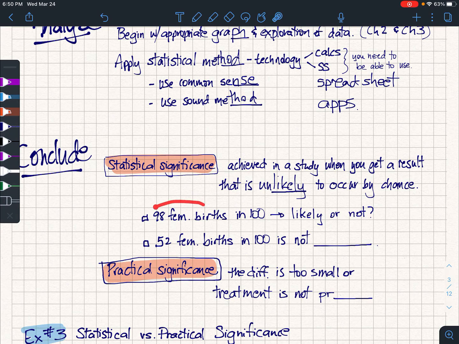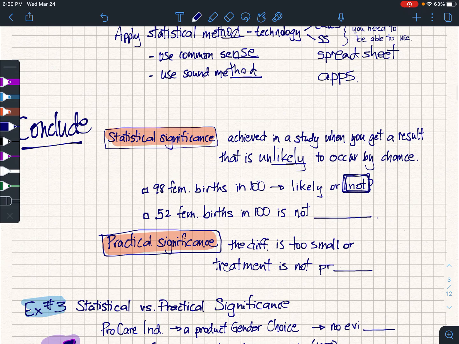Let me give you an example here. 98 females born in 100 births is highly unlikely. This is not going to happen in an average 100 births. So this is hugely statistically significant.